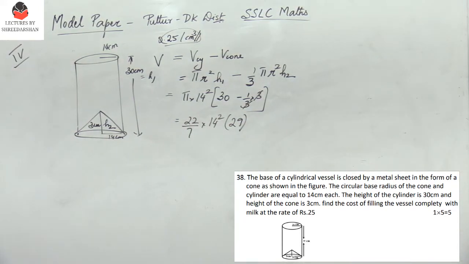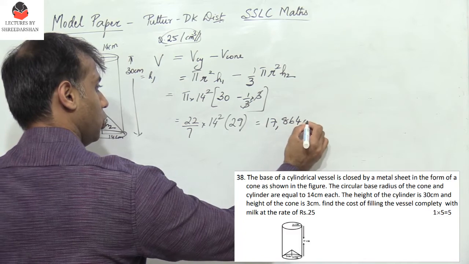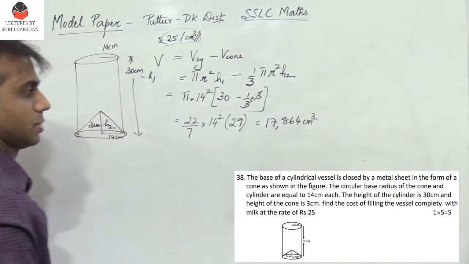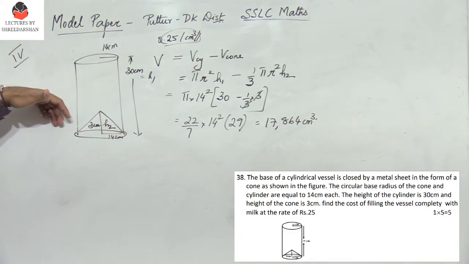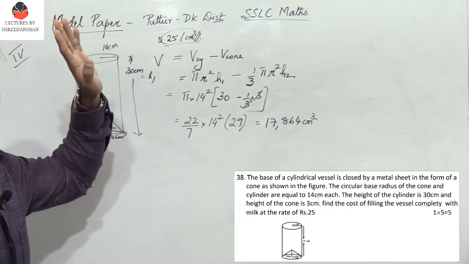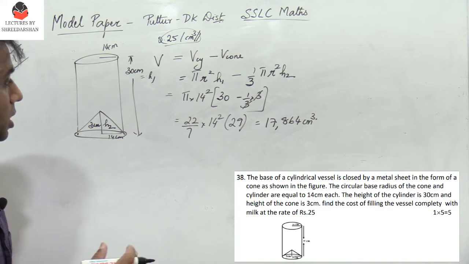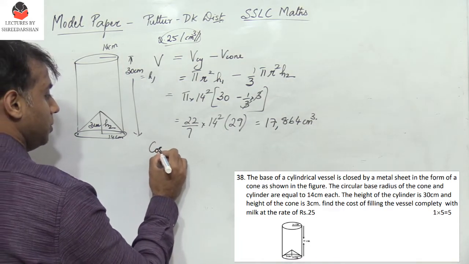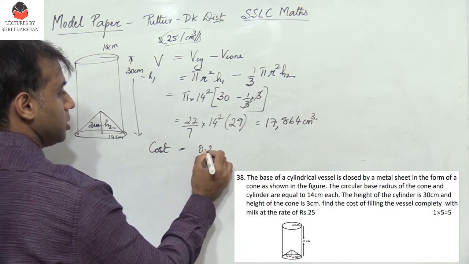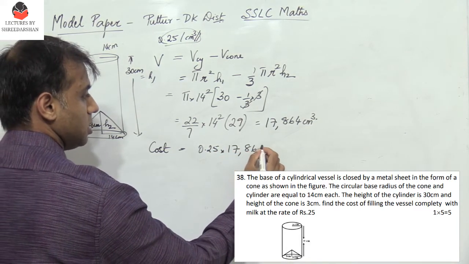So what is the volume of this figure? The volume of this figure is 17,864 centimeter cube. Now this is filled with milk, and the cost of the milk is rupees 0.25 per centimeter cube. That has not been given, so we assume that it is 0.25 per centimeter cube. So therefore the total cost of the milk will be 0.25 into the total volume, 17,864.